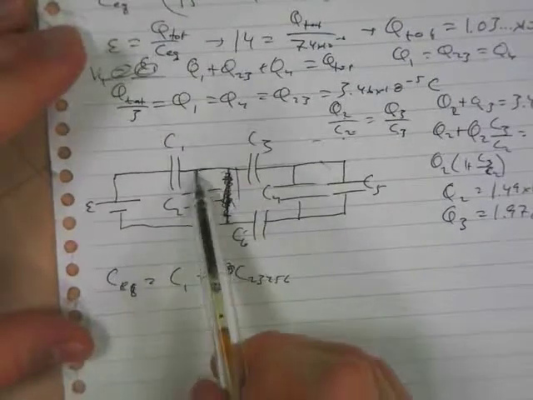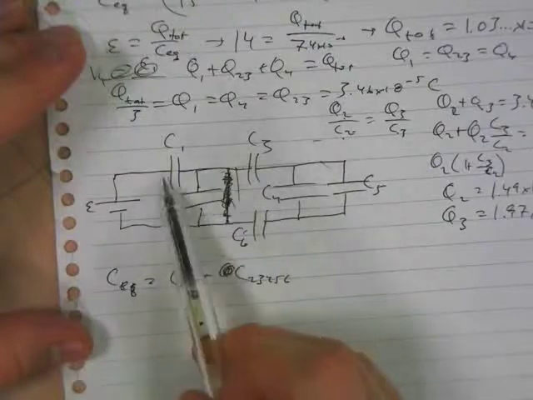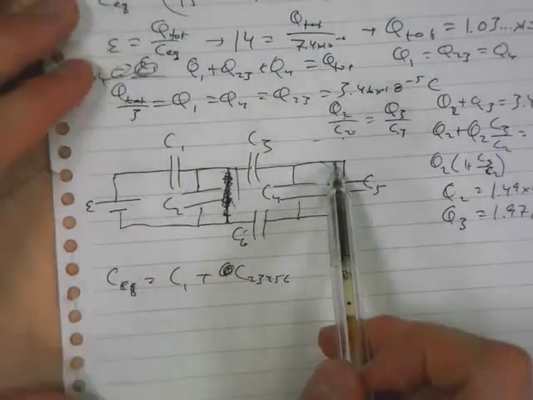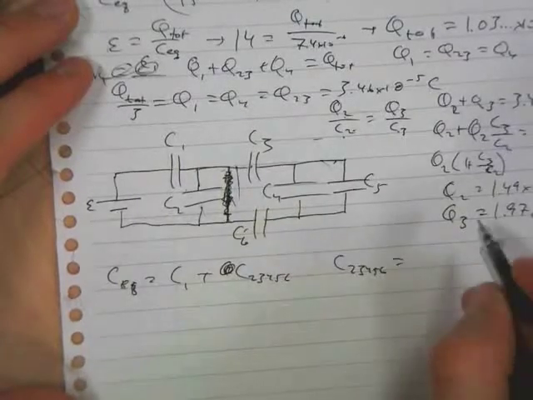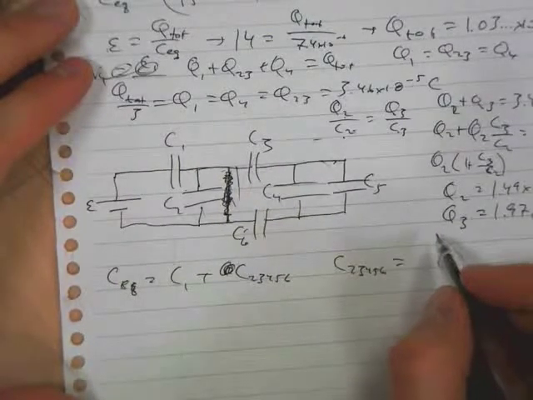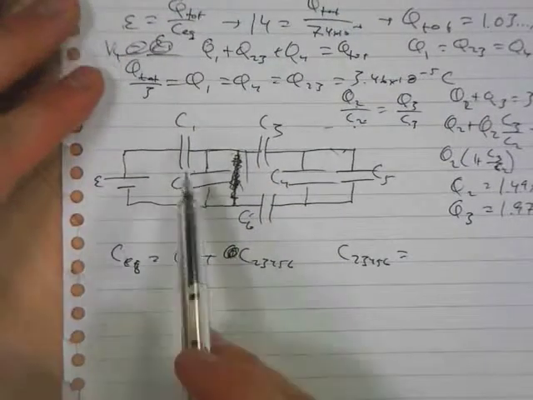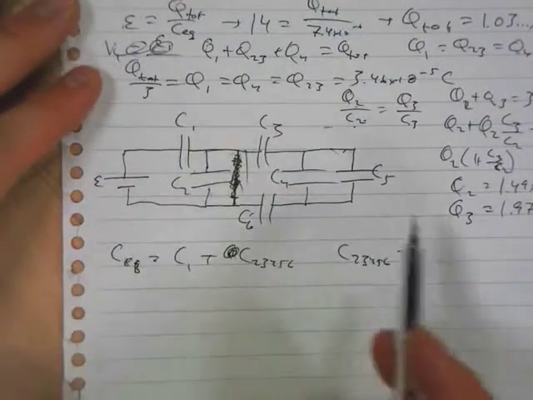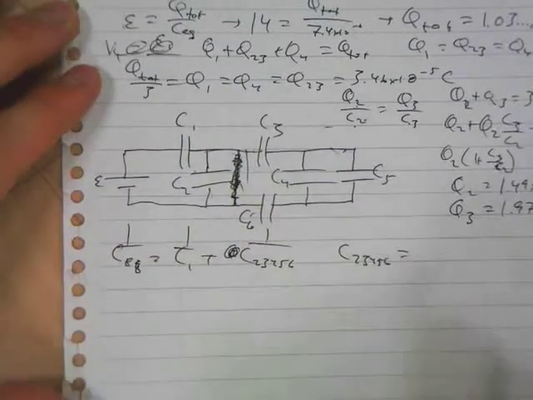But if we look here, we can see that there's a branch here, which means that C2 is in parallel with the rest of everything. So C2, 3, 4, 5, 6 is, oh shoot, I apologize. C1 is in series with the rest of the circuit, which means that they add reciprocally.